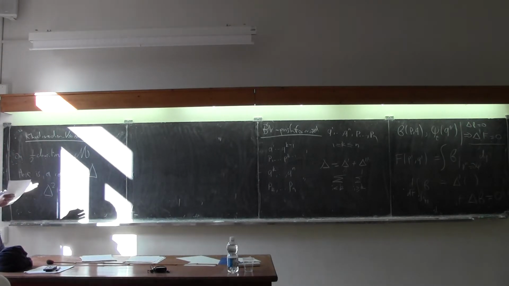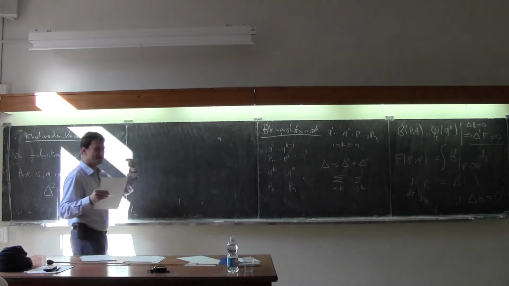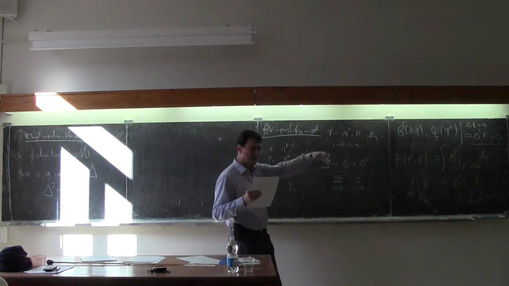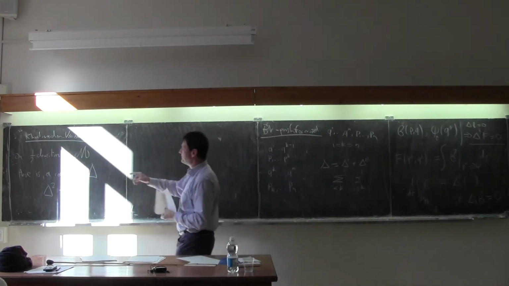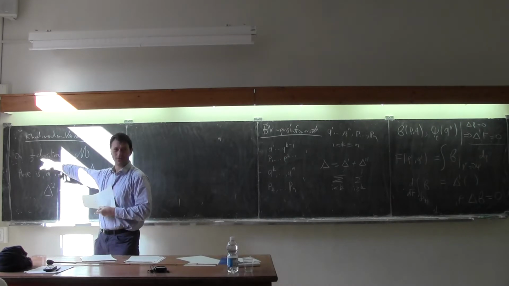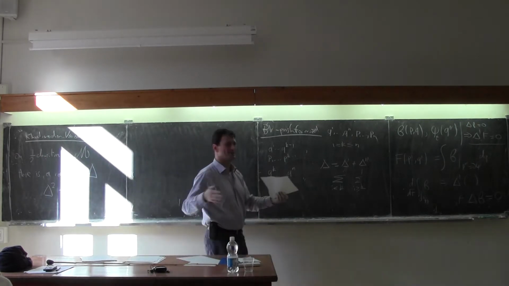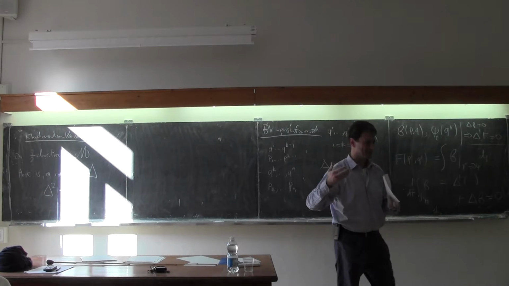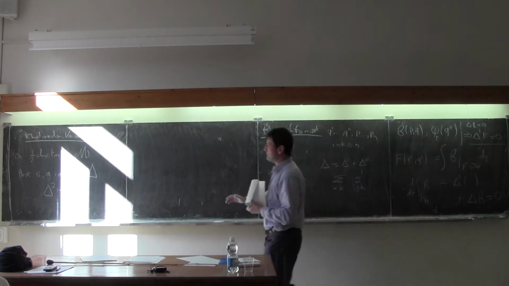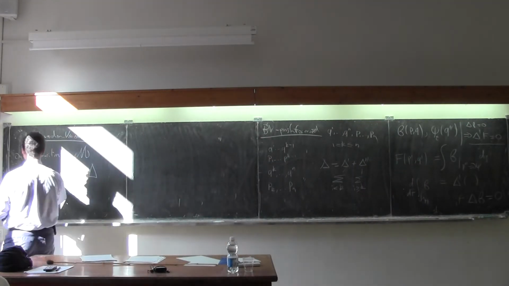You can no longer say that this delta is a derivation up to the BV bracket because half densities are not an algebra. If you multiply half densities together, you don't get a half density, you get a density. That's the price you pay for moving from functions to half densities.